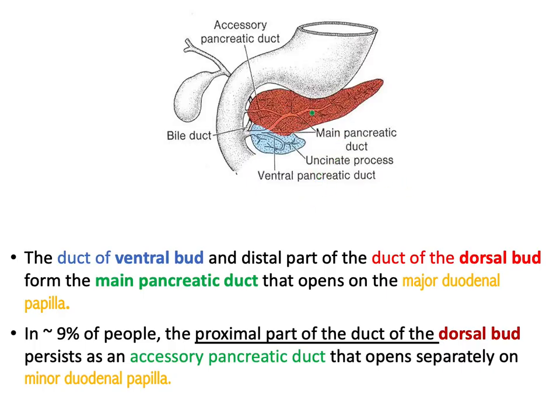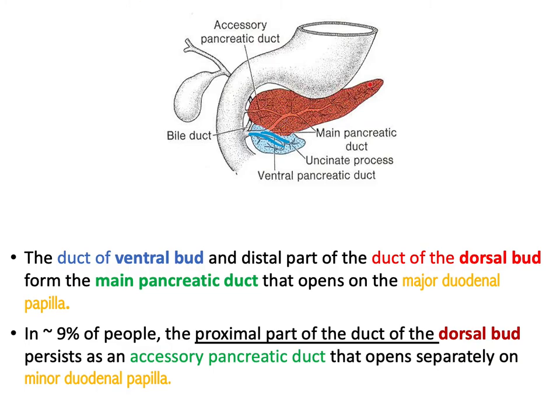Now, move to the ducts. What would be the result of this fusion? You have to know that the duct of the ventral bud, you see here, and the distal part of the duct of the dorsal bud unite to form the main pancreatic duct.